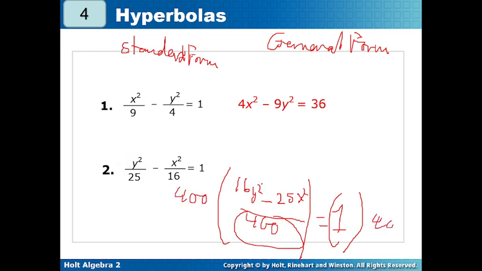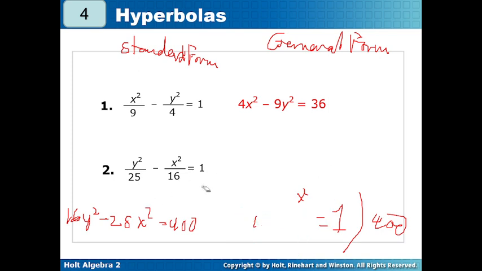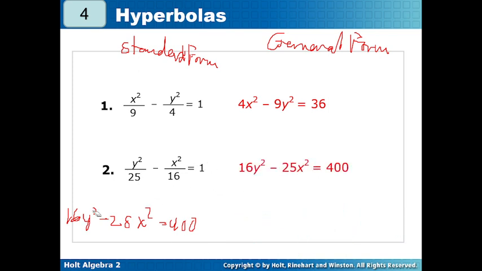Once we multiply, we could cancel this out already, and you could have the answer of 16y squared minus 25x squared is equal to 400. Is that the final answer? Yes, that would be our final answer.